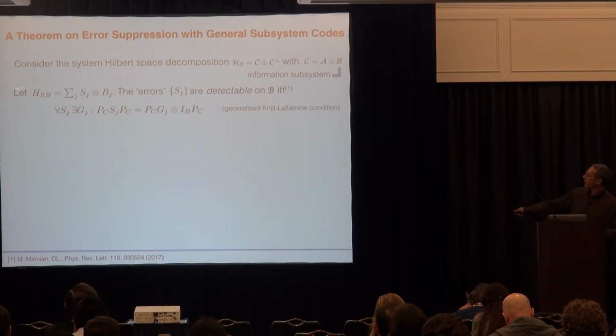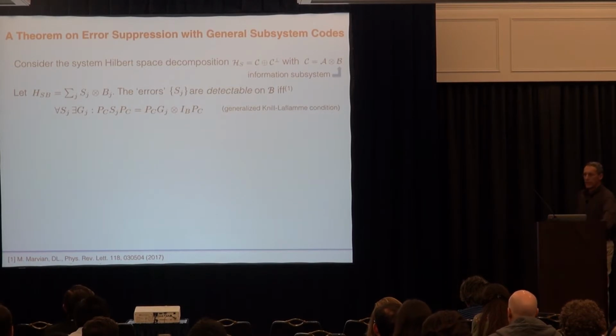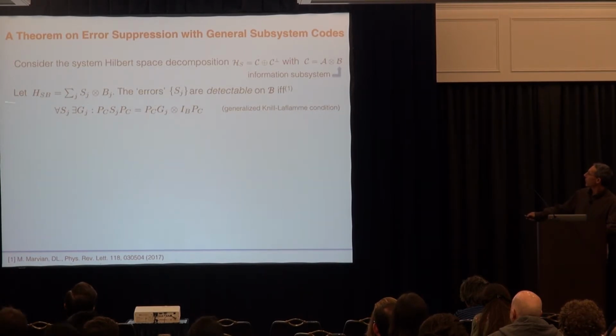So here is the system-bath interaction Hamiltonian with some system operators S_j and bath operators B_j. Consider the S_j the errors. And we formulated an error detection condition for these errors, which looks a lot like a Knill-Laflamme type error detection condition.